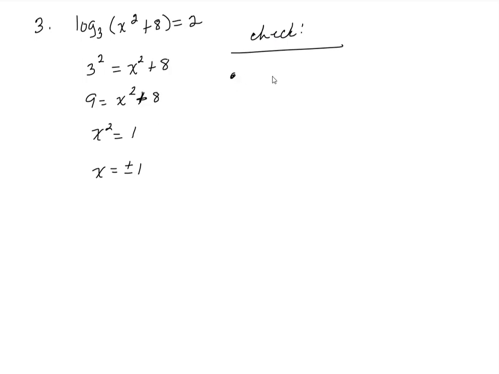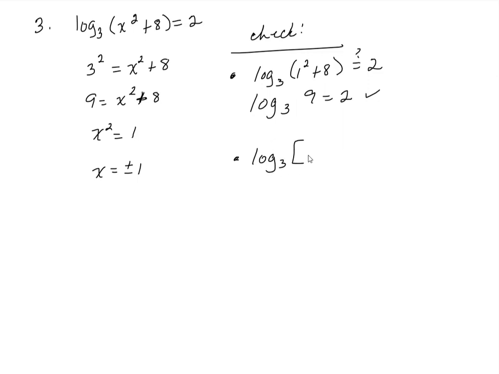So I'm going to start off by checking the positive 1. Log base 3 of 1 squared plus 8. I'm going to check to see, does that equal 2? And this is going to give me the log base 3 of 9, and 3 squared is 9, so that works. Then I'm going to check the negative 1.